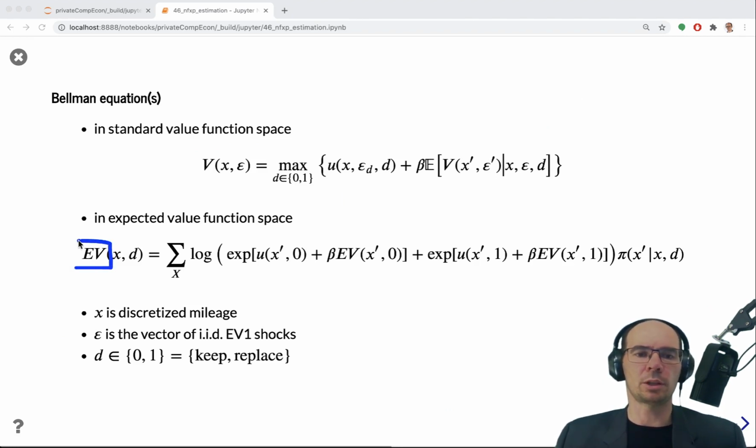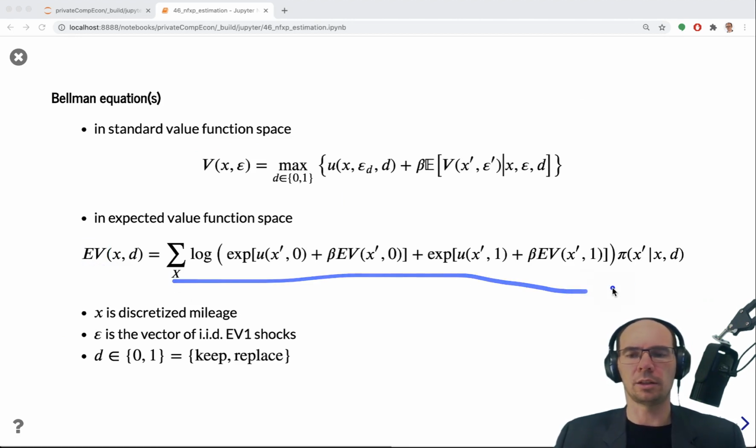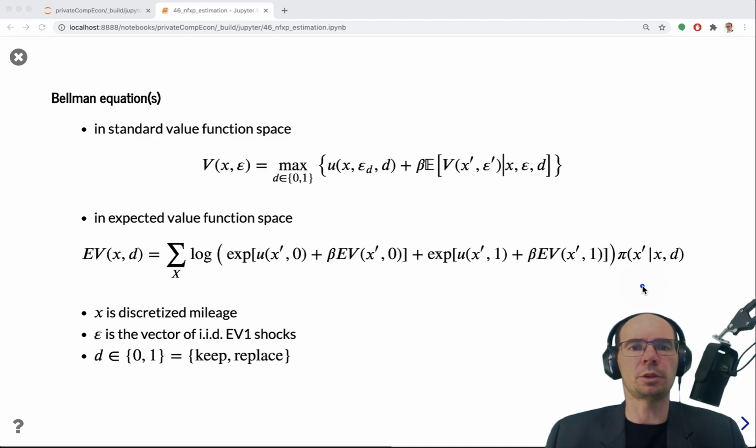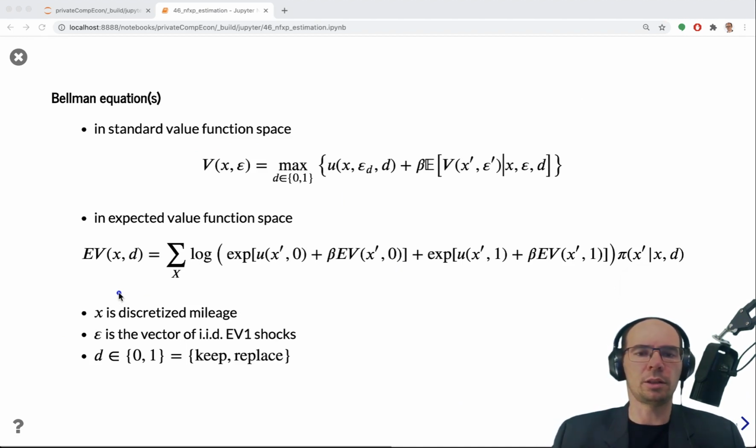So in the code implementation, EV is just a single vector with a number of elements equal to the number of grid points on x. So it's like the EV of x. But in any case, we have this fixed point equation in the expected value function space, and also, as you would remember from video 44, we can represent this equation using matrix multiplication or matrix algebra.